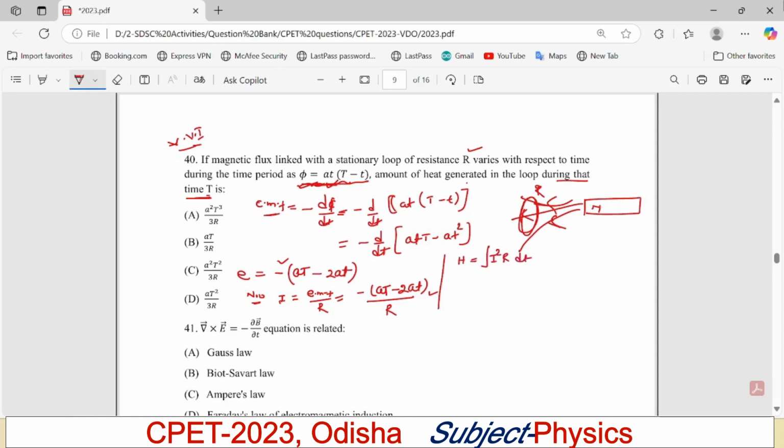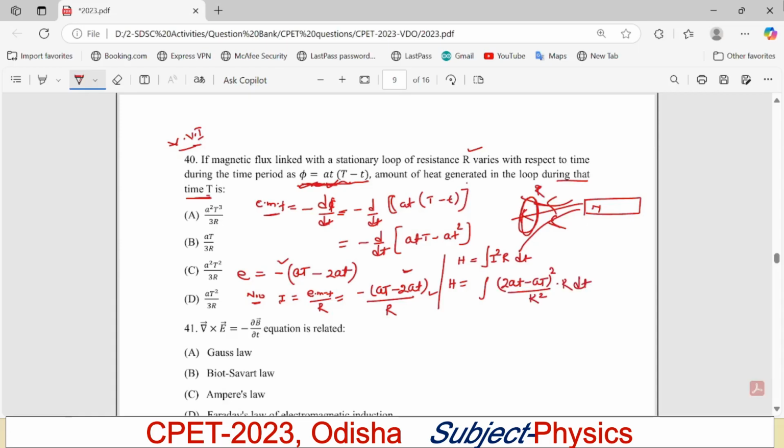Just integrate this value. So H will be equal to the integration of the I value here. Minus is there, so automatically it will be plus. So the integration of (aT minus 2at) whole square by R square into R into dt.